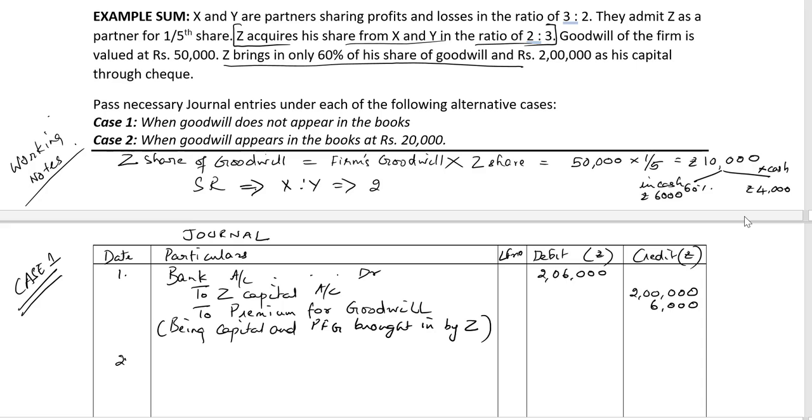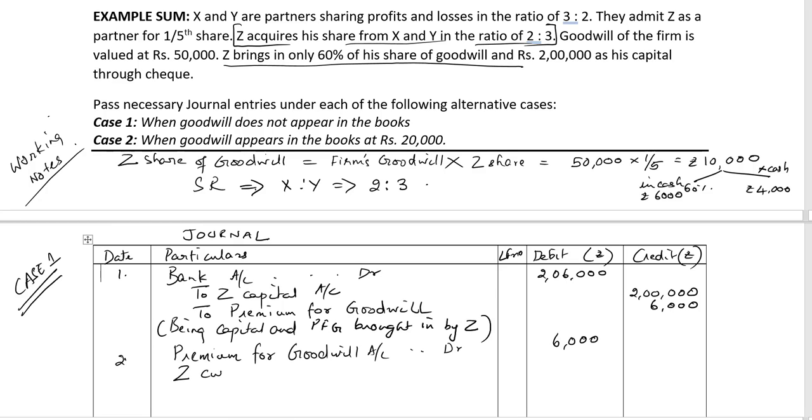So this is the sacrificing ratio, 2:3. Now for the amount which is brought in cash, we will debit that amount against premium for goodwill. Premium for goodwill account debit for the rupees 6,000 which is brought by him in cash.